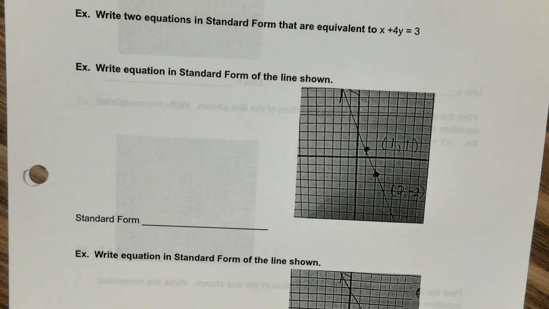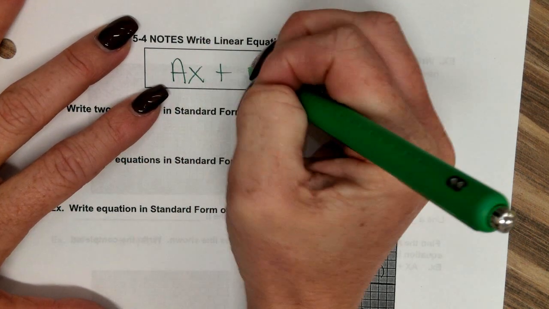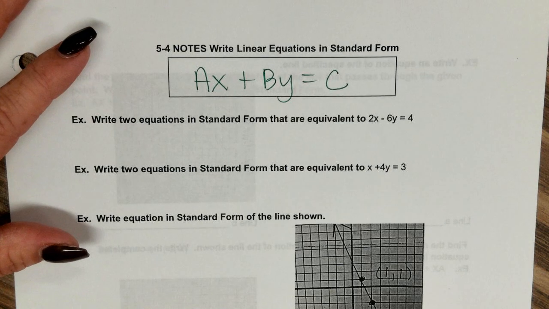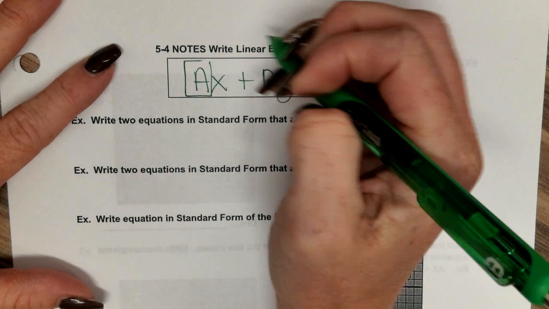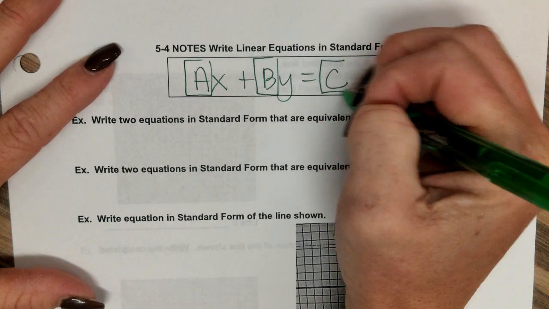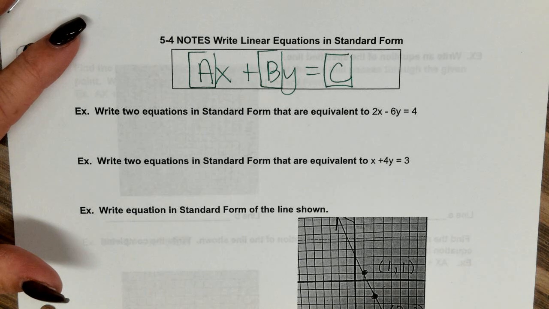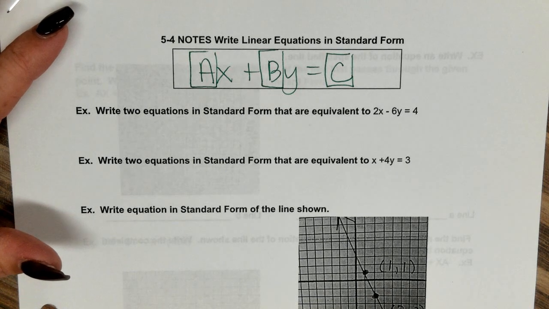Standard form is written as Ax plus By equals C. Your job is to fill in numbers for the A, the B, and the C. Now, proper standard form has a rule.